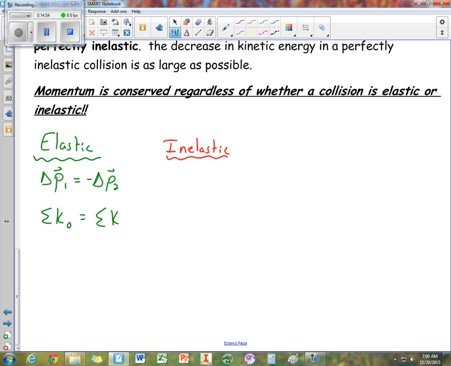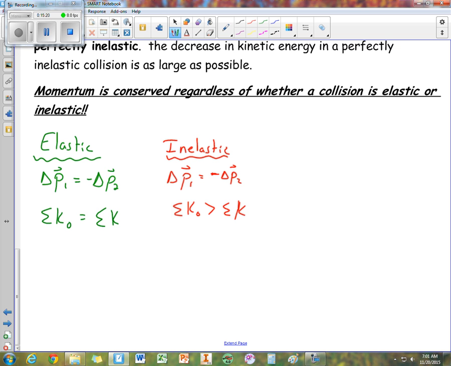During an inelastic collision, momentum is conserved. The materials do deform as they hit, so that means kinetic energy is not conserved. So the sum of the initial kinetic energy is greater than the sum of the final kinetic energy.